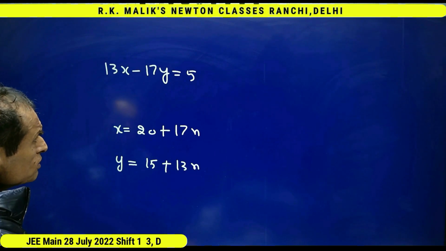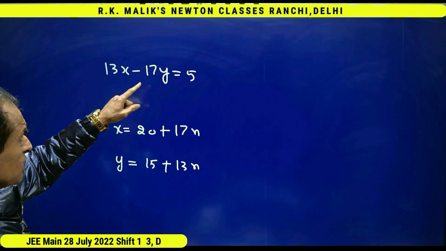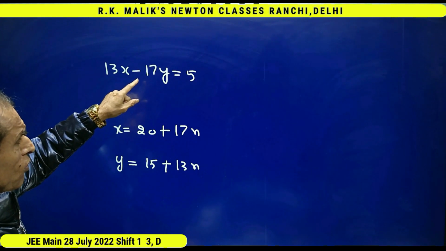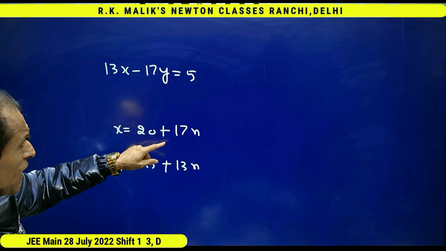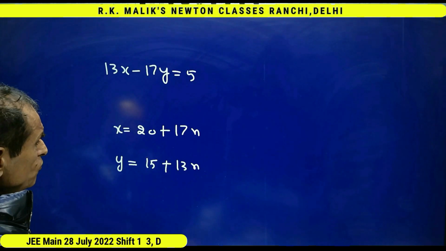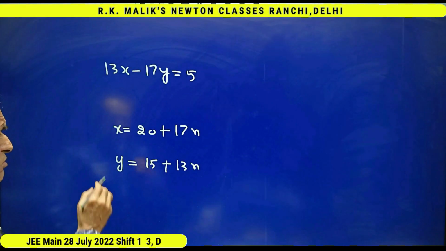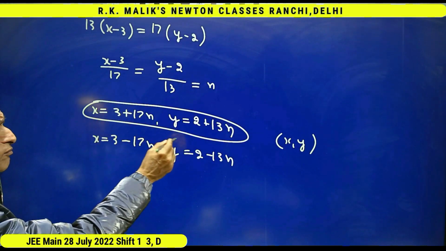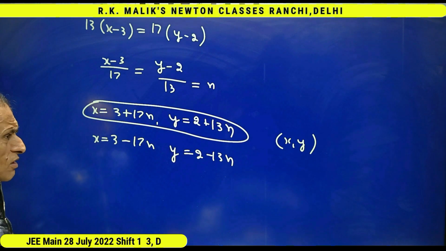As I told you, change the sign of any one of them and use the coefficient, and use this number in x and this number in y. And now these values of x and y are different from this value of x and y.